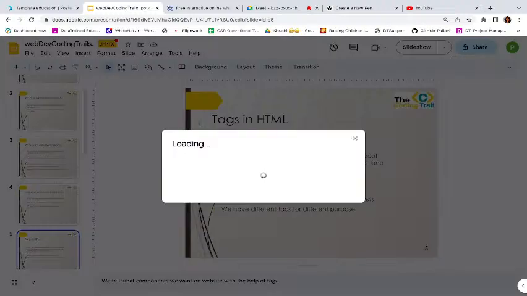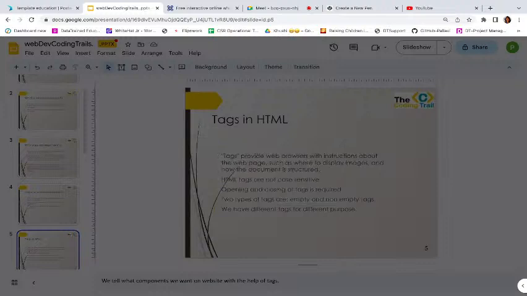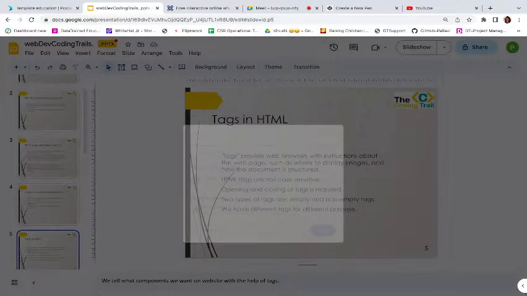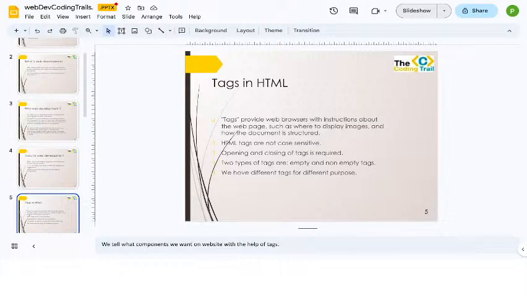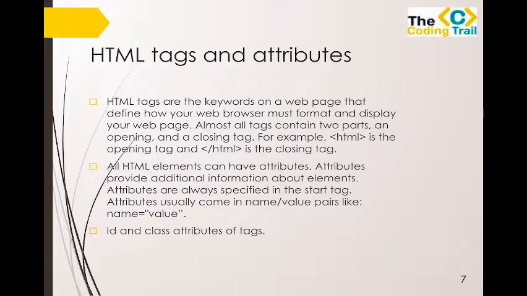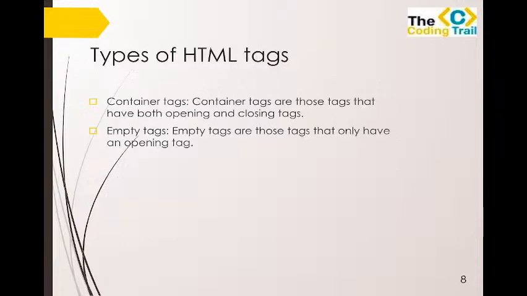Okay, so now the next thing that we're going to talk about is the basic structure of an HTML code or an HTML file. I think tags I already told you, attributes we'll be discussing in the next few minutes.